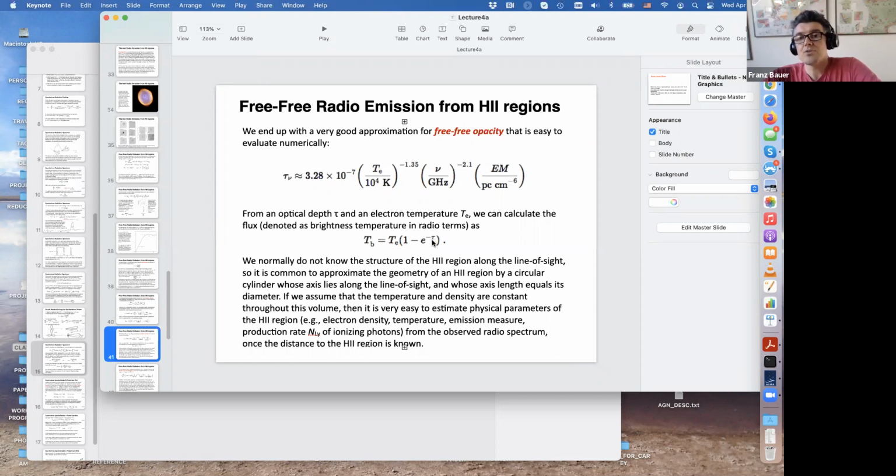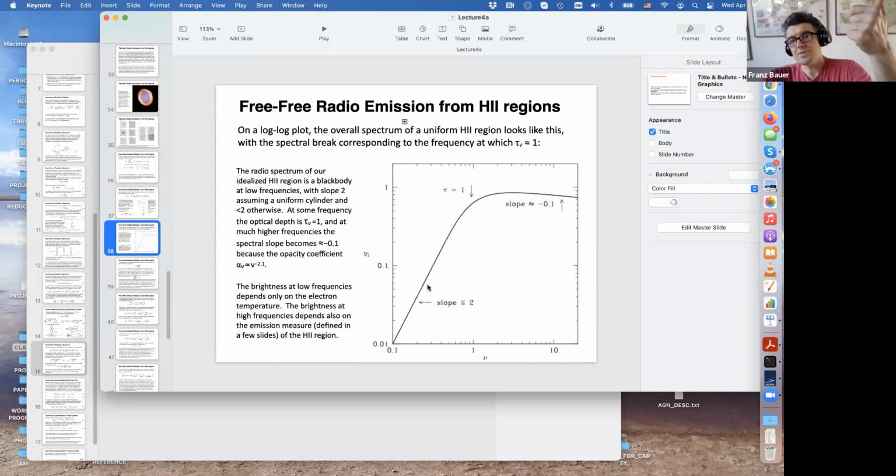So for very high optical depths, the electron temperature is equal to the brightness temperature. And so you just measure the flux in the Rayleigh-Jeans tail of this distribution, and you can get the electron temperature, which is nice.